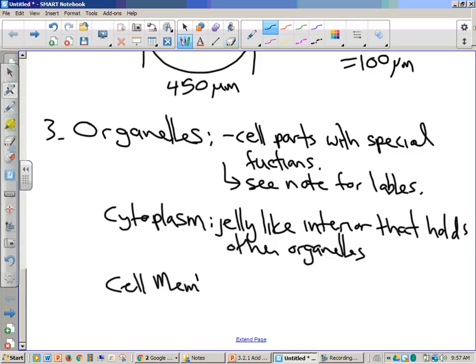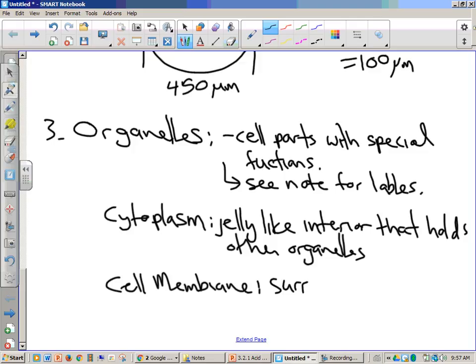Cell membrane. Where's the cell membrane? Yep. It's the outside. It's the structure that holds everything together. So it surrounds the cell and allows certain things in and out.